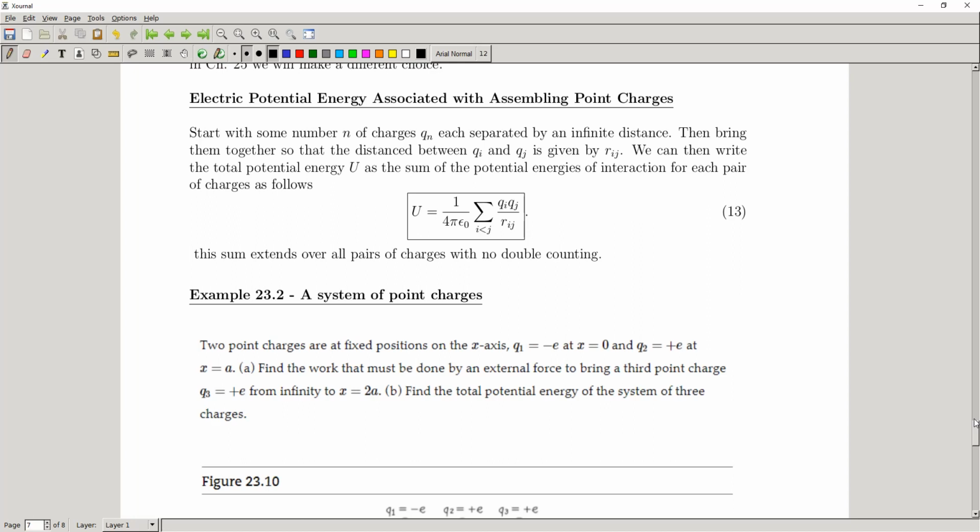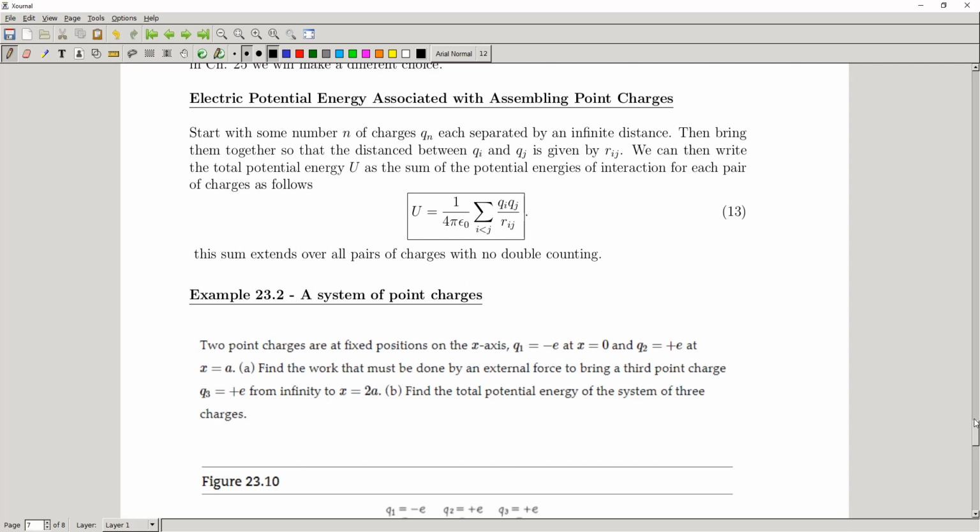We bring them all close together such that the distance between any two particles, q_i and q_j, is given by this r_ij. This is the magnitude of the vector that would be drawn between the two of them, right? So our r_ij just defines the distance between q_i and q_j, okay?